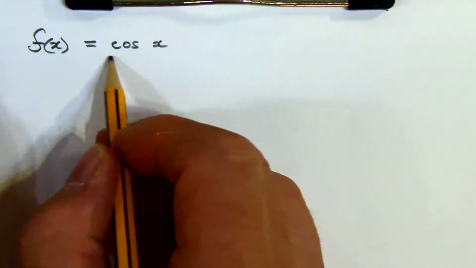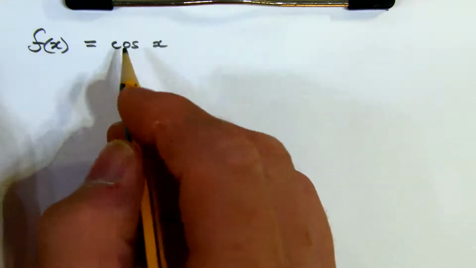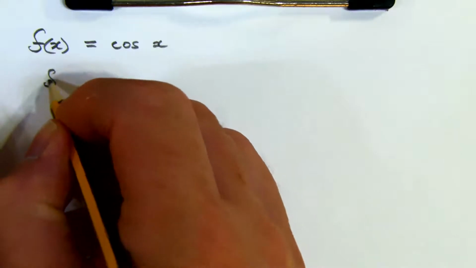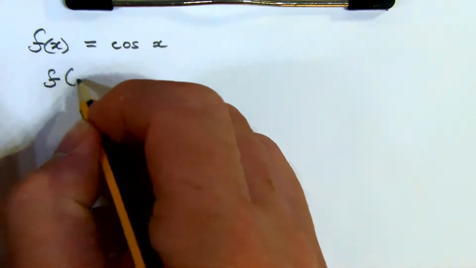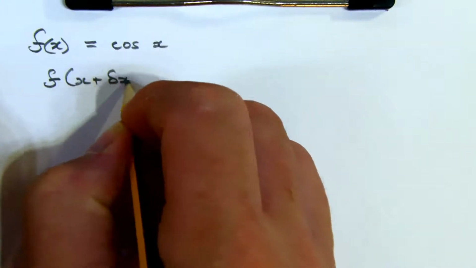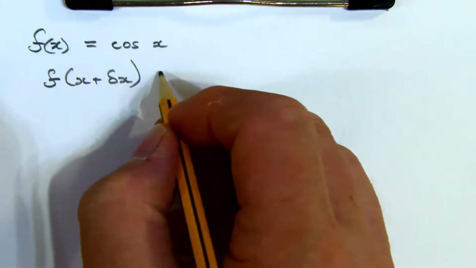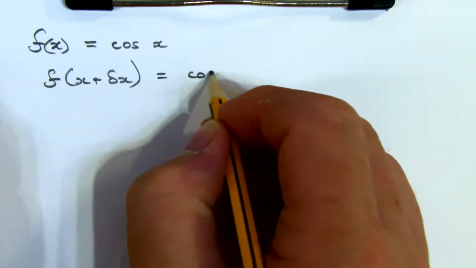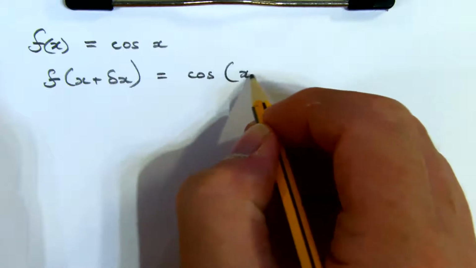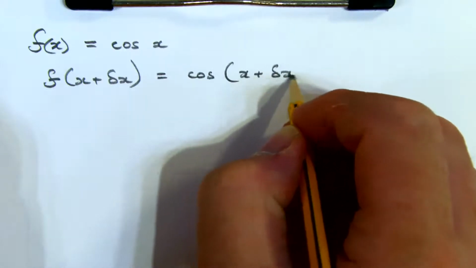So if f of x is cos x, then we know that f of x plus delta x will also equal the cos of x plus delta x.